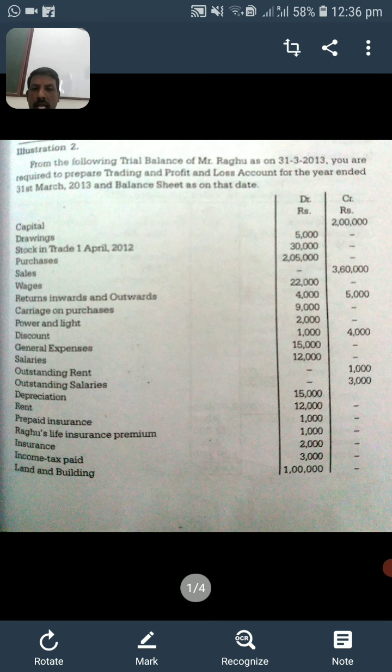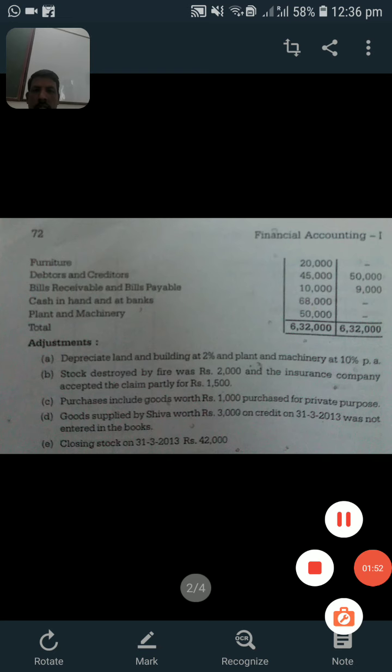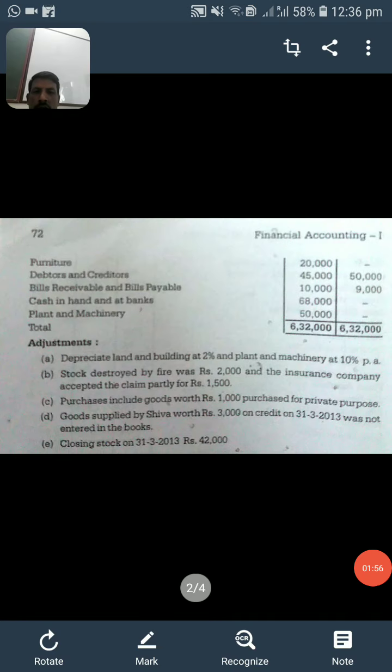1,000, insurance 2,000, income tax paid 3,000, land and building 1 lakh, furniture 20,000, debtors and creditors 45,000 and 50,000, bills receivable and bills payable 10,000 and 9,000, cash in hand and at banks 68,000, plant and machinery 50,000.